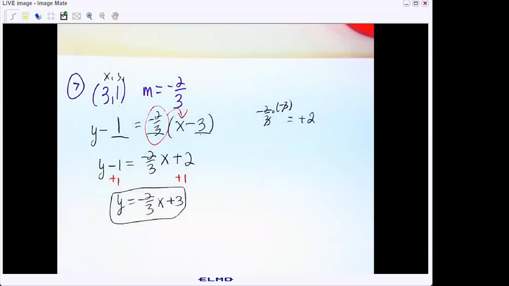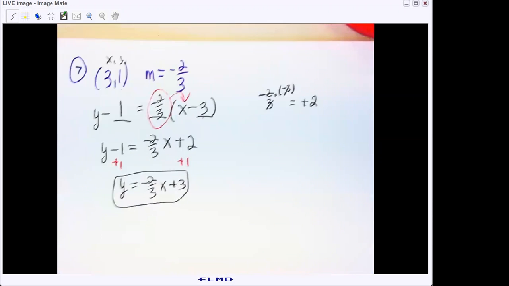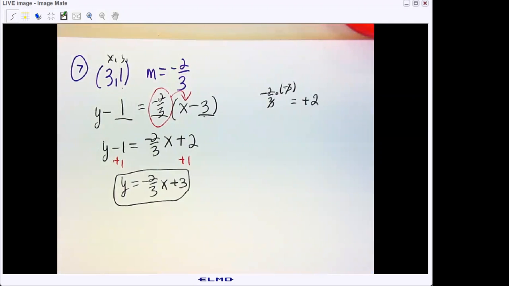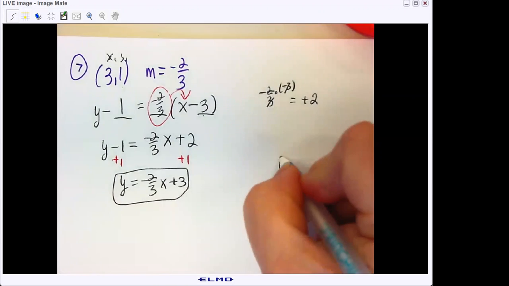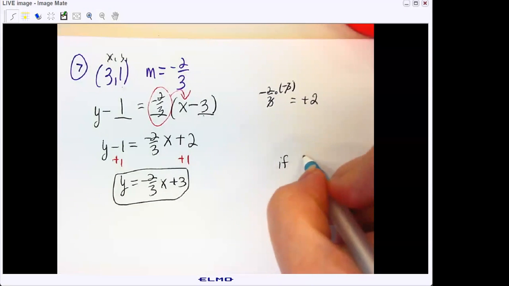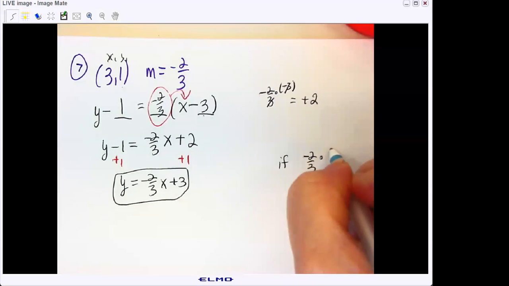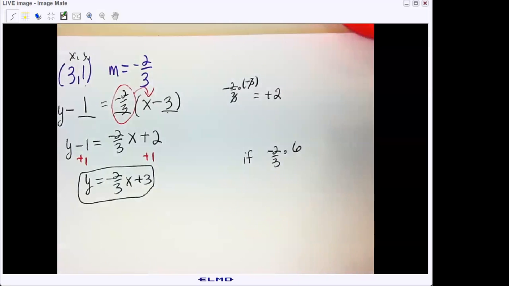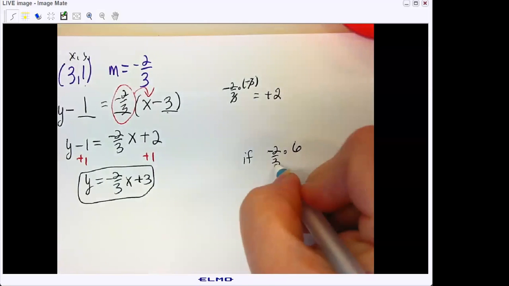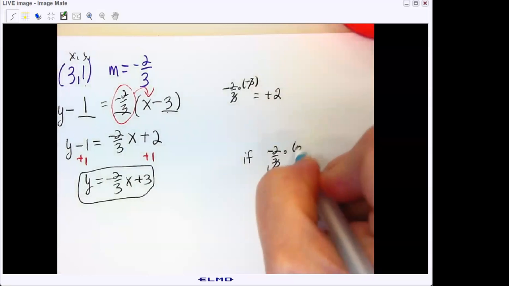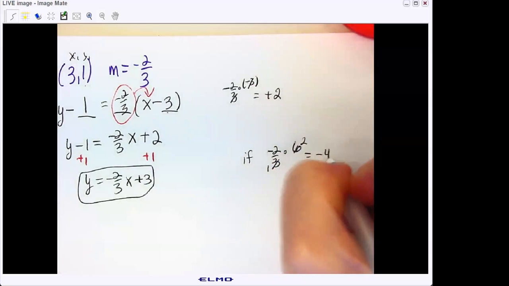And we could actually graph that if we wanted to, but they didn't ask us to. Most of these are going to be like that, to where they'll just cancel. Okay. If you had something like negative 2/3 times 6, let's say your x was a 6, then this would go in once, that would go in twice, and you'd be left with negative 4.